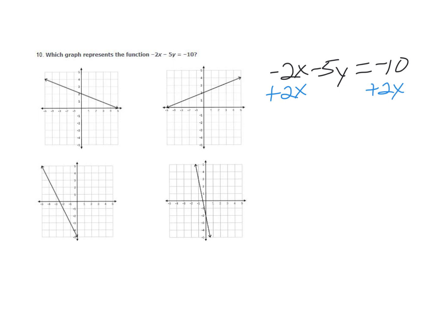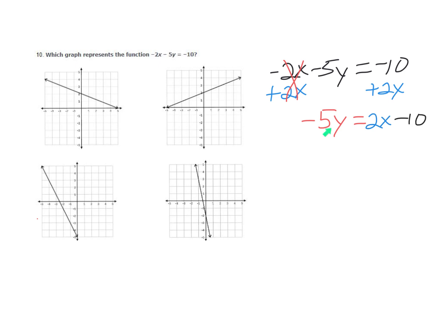When you do that, the 2x's are going to cancel. On the left side, you're left with negative 5y equals, and then here, just as a reminder, we're not adding 2 to 10. This is a separate term. This is 2 times x. So we're going to have our 2x, and then we have our minus 10.